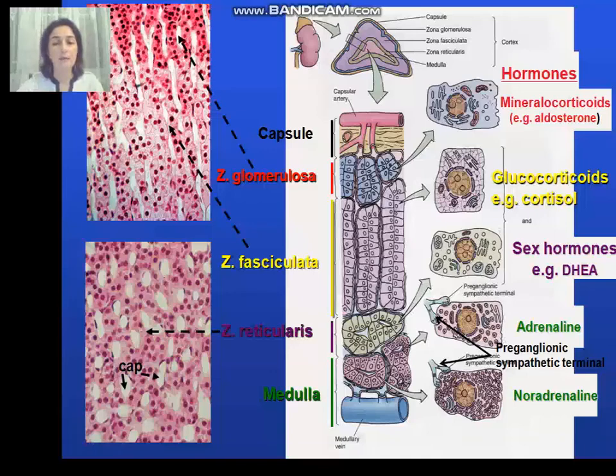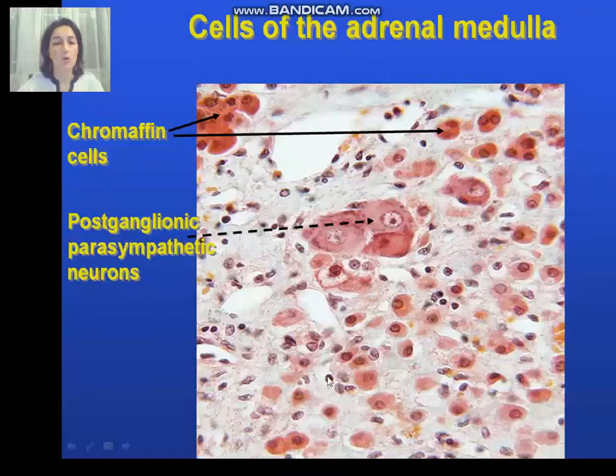In adrenaline producing cells, the secretory granules are homogeneous, but in norepinephrine producing cells, secretory granules will have a dense core. Also pay attention, these cells, epinephrocytes and norepinephrocytes, are also called chromaffin cells because they are stained by chromium salts.